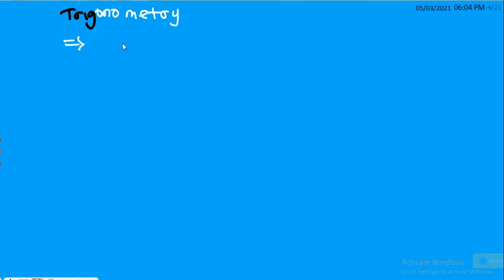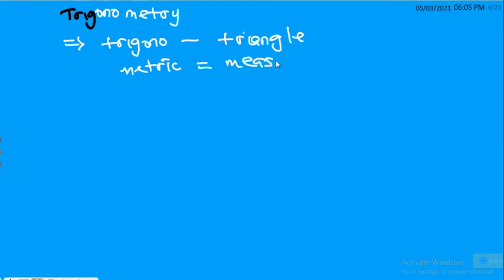Trigono means triangle, and then the word metry, which means measure. So combining the two words together, trigonometry is actually triangle measure.